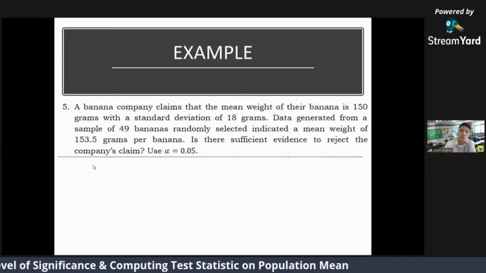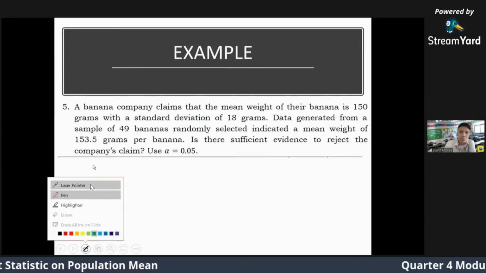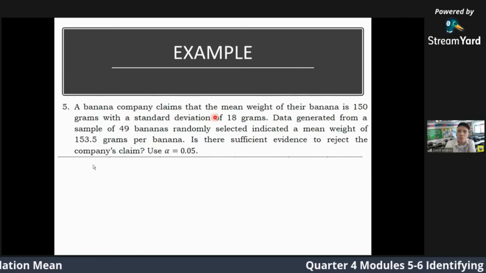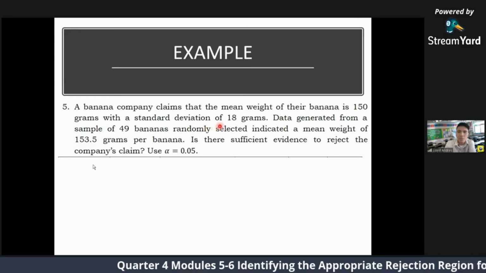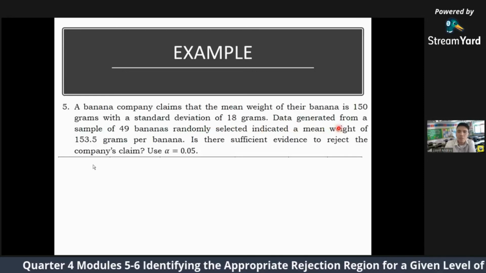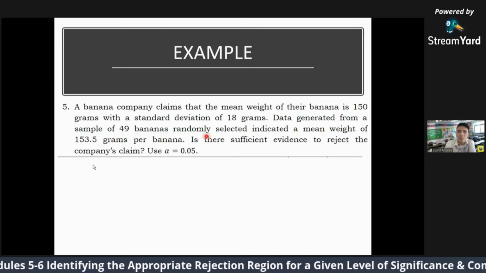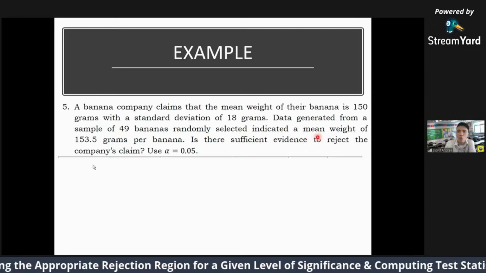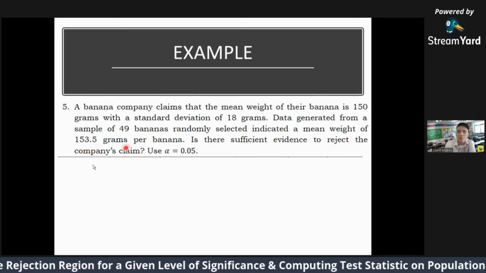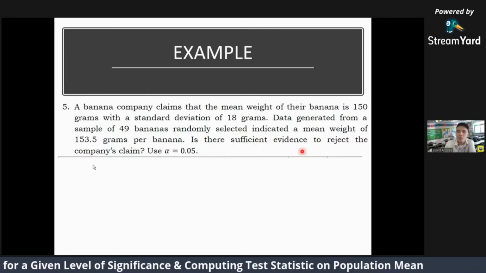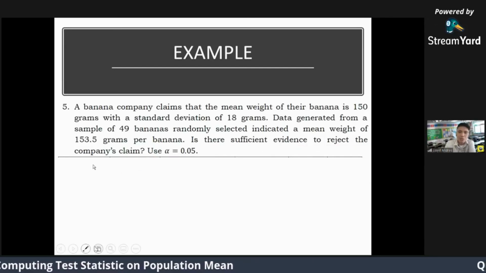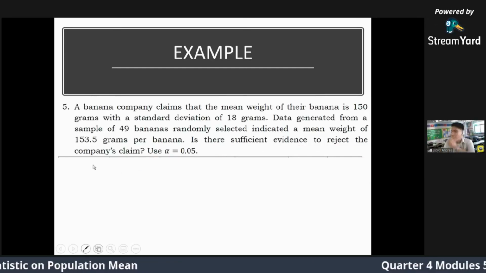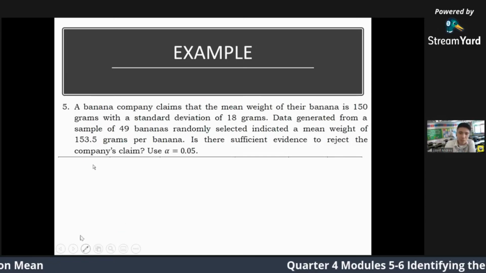So last example, we have here a banana company claims that the weight mean of their banana is 150 grams with a standard deviation of 18 grams. Data generated from a sample of 49 bananas randomly selected indicated a mean weight of 153.5 grams per banana. Is there sufficient evidence to reject the company's claim? Use alpha 0.05. So from that, let's first determine mga given.